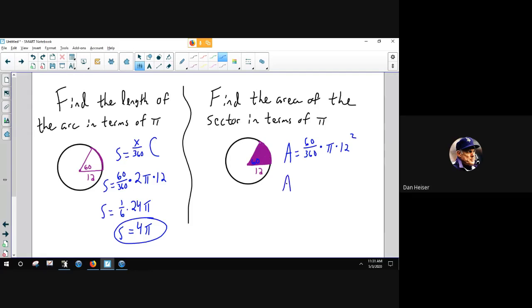Multiply by 1/6, we get 24 pi square units. Whatever our unit is, it would be squared. So that is how we find circumference and area of circles, how we find arc lengths, and areas of sectors.